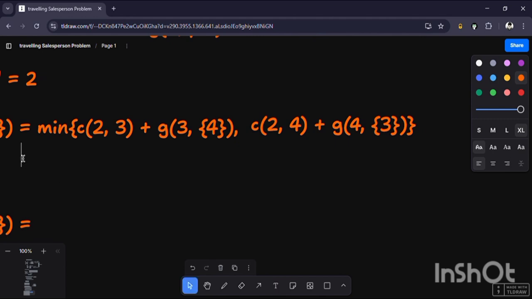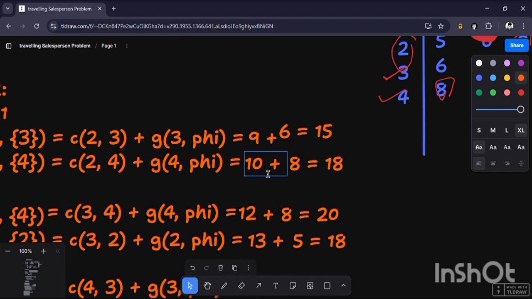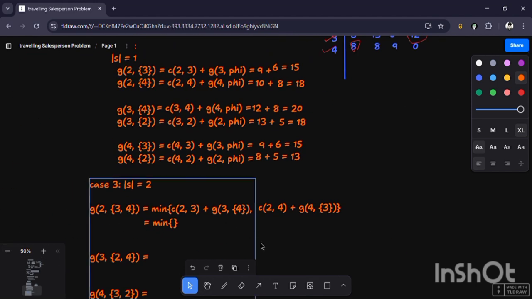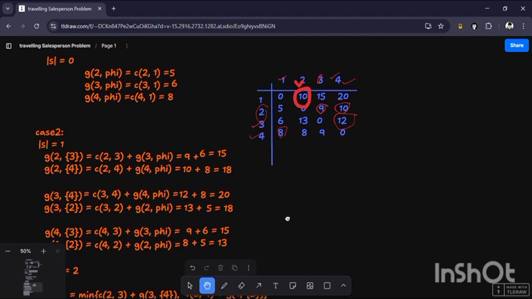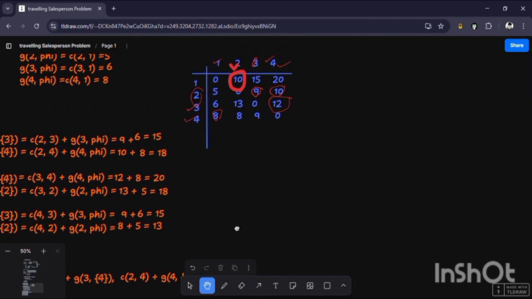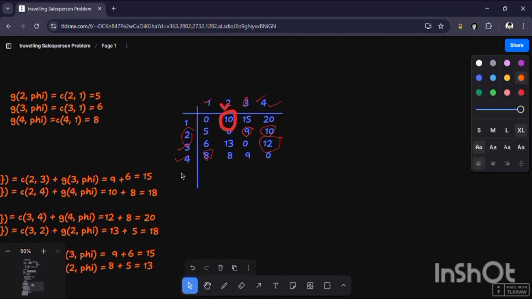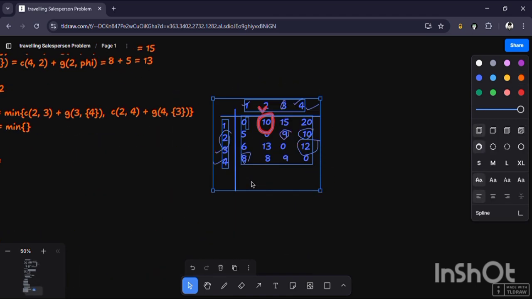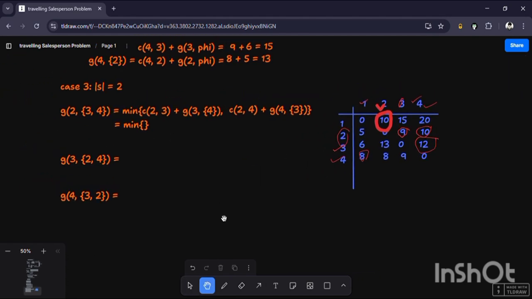So what will be the value for this one? The value for this one will be minimum of, what is the cost of 2 comma 3? Let me bring it here, and let's calculate the values.